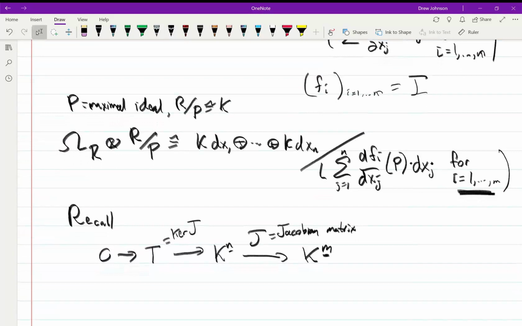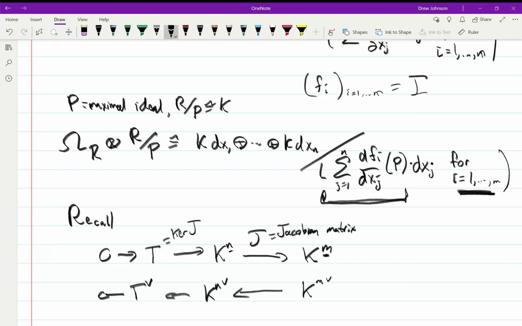Now we have something very similar here. You'll notice these things here are exactly the entries of the Jacobian matrix, but things are kind of going the wrong way. Instead we have our n-dimensional vector space, and then we're quotienting out by m things. So that's kind of backwards. So we basically want to take the dual of everything here. If we take Km dual and Kn dual, then this is what we want.